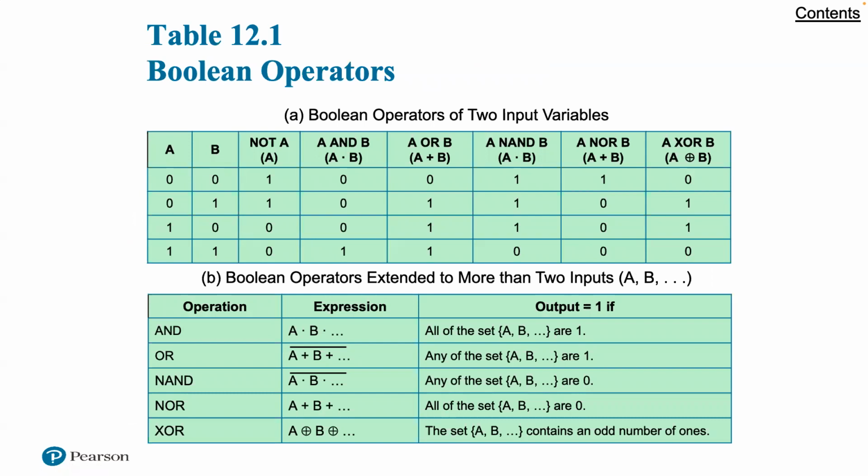Table 12.1a defines the basic logical operations in the form known as a truth table, which lists the value of an operator for every possible combination of values of operands. The table also lists 3 other useful operators, XOR, NAND, and NOR.